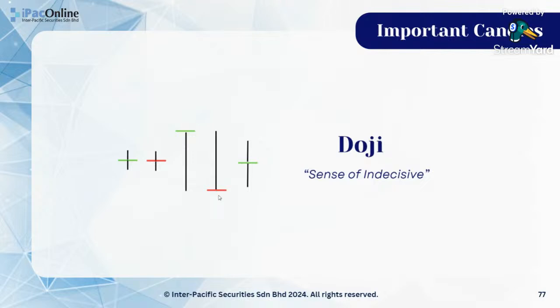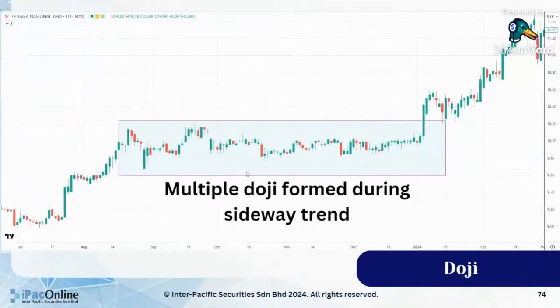So if you are seeing these three dojis, it tells us the market does not know where to go. It might be stagnant, stalling, or trying to test up and down. If you see a doji, you might not want to engage the market, especially if you are a trend trader.